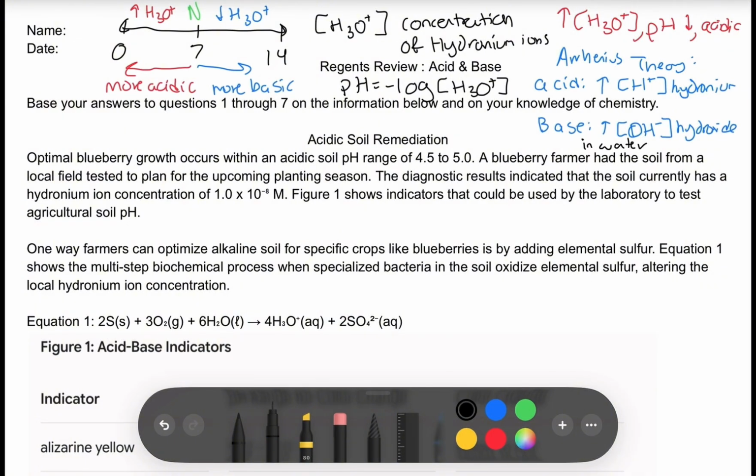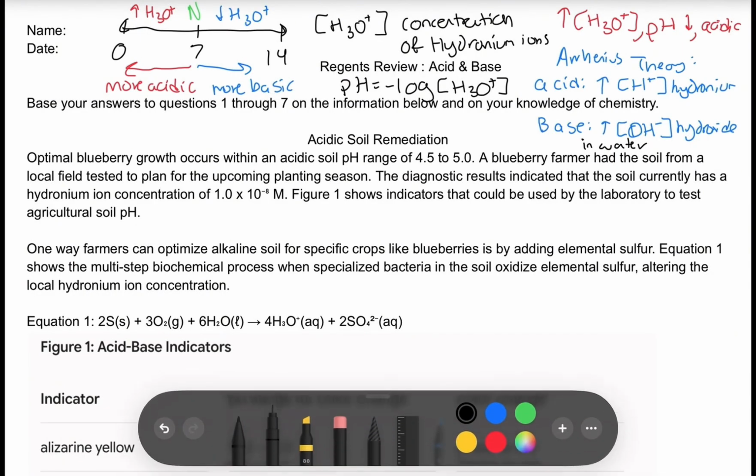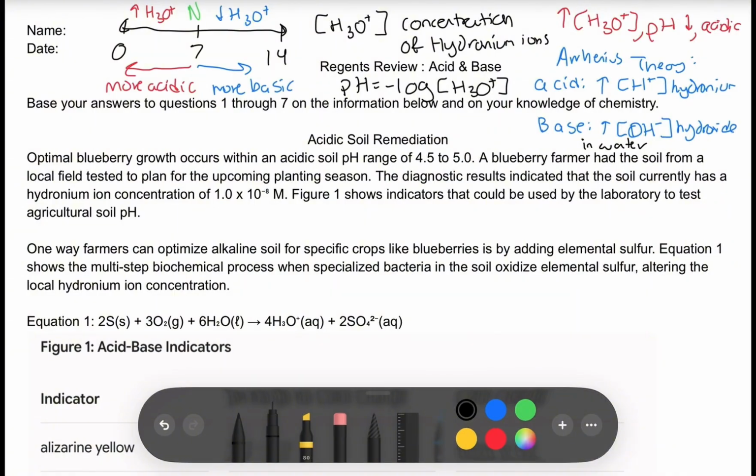So for example, if we have a solution that's undergoing a chemical reaction and it releases hydronium ions, that means the solution is more acidic. So if we're releasing H+ ions, the solution is becoming more acidic.